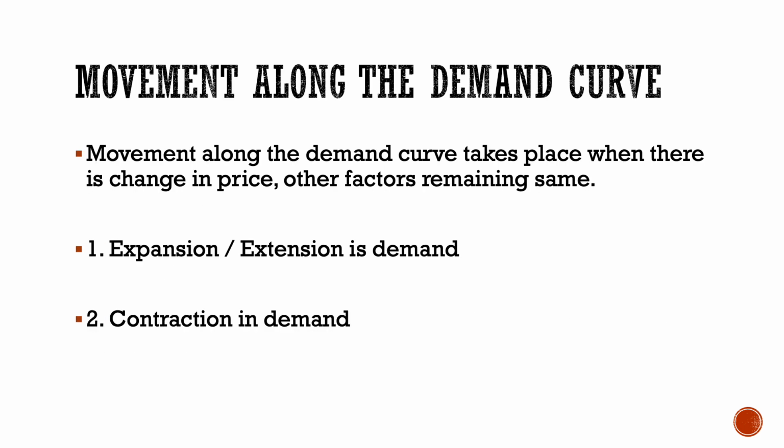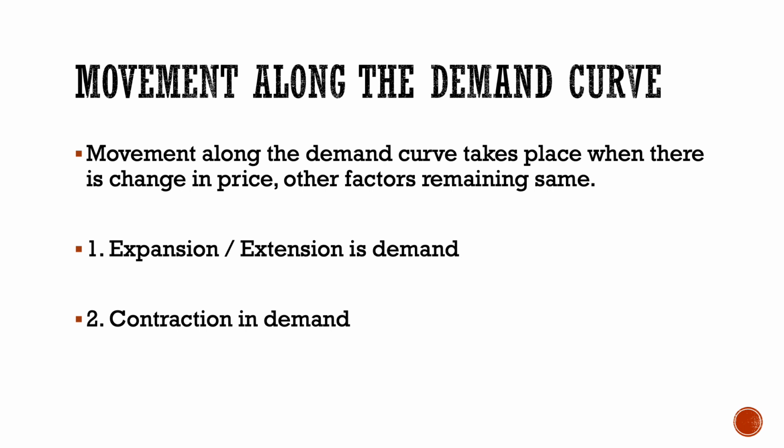Movement along the demand curve is another important topic. When does this movement along the demand curve take place? It takes place only when there is a change in price, other factors remaining same. Meaning the other factors which affect the demand, or which determine the demand, remain same, and only when there is a change in price, movement along the demand curve takes place.